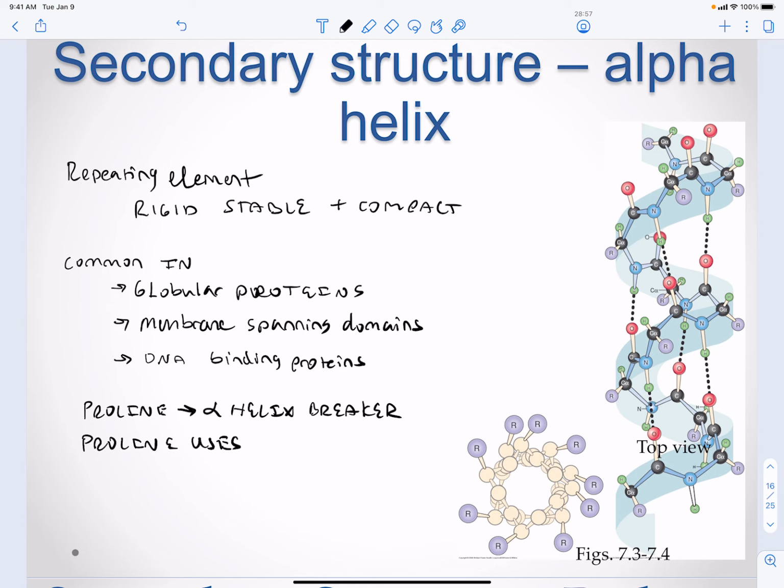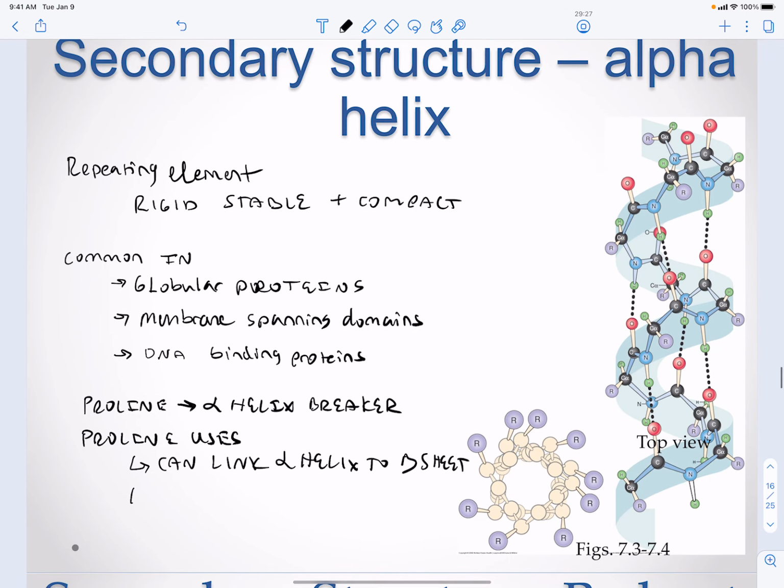Now, where do we find proline? We're going to find proline in areas that join alpha helixes to beta sheets. So proline can be important. Again, it's not going to be in the alpha helix structure, but it's going to be there to link together different secondary structures, the alpha helix and the beta sheets.